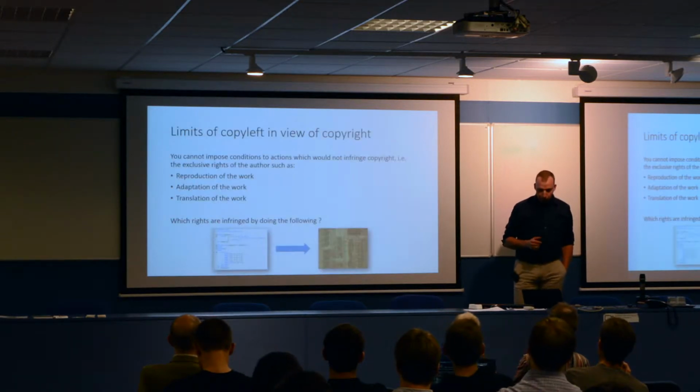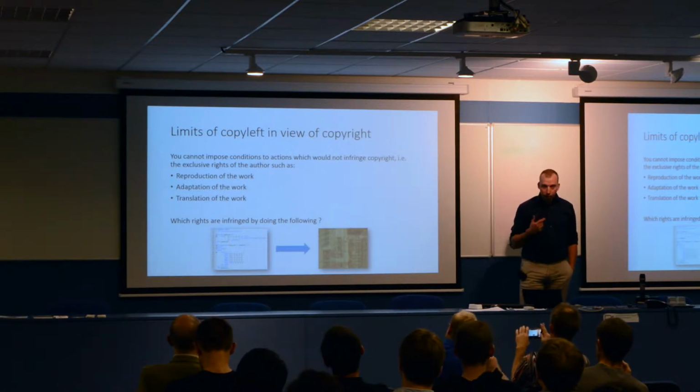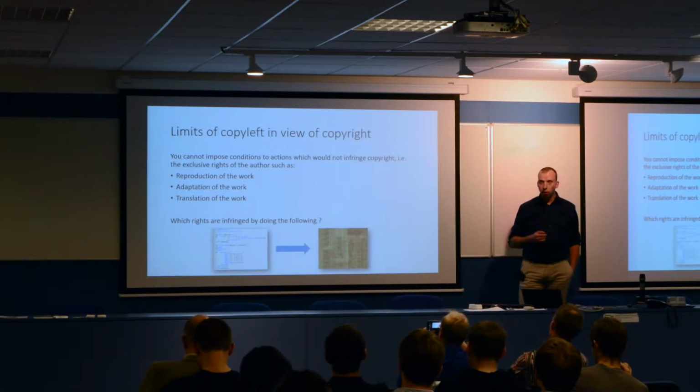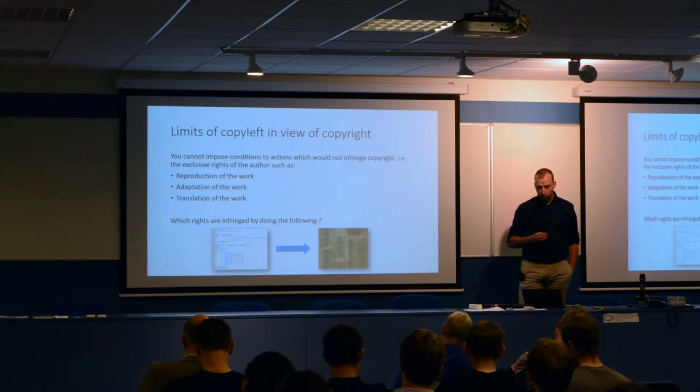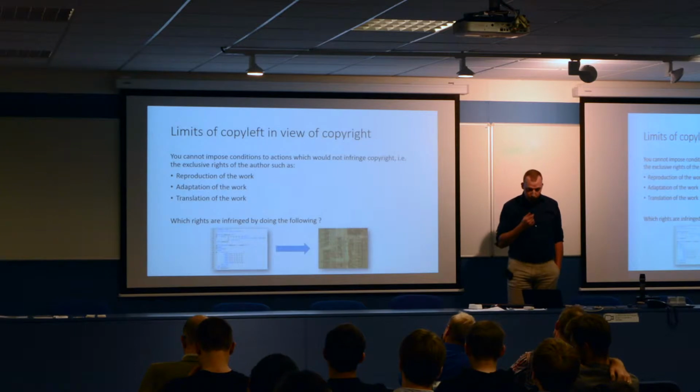So in the context of copyright, this means reproduction of the work, adaptation of the work, translation of the work, and that's in fact the whole idea around which the GPL is based, to maximize, let's say, the copyleft effect of the license by imposing conditions on each of those actions that otherwise would be infringement of the copyright of the author.